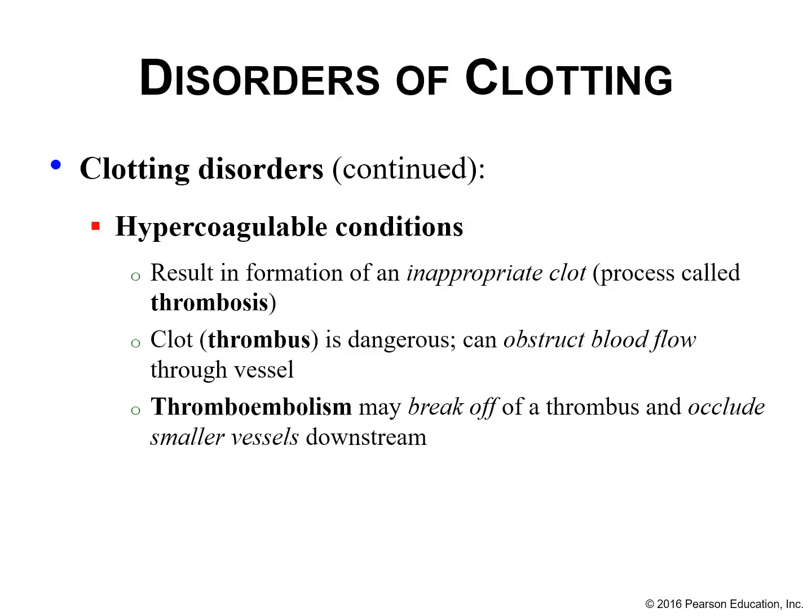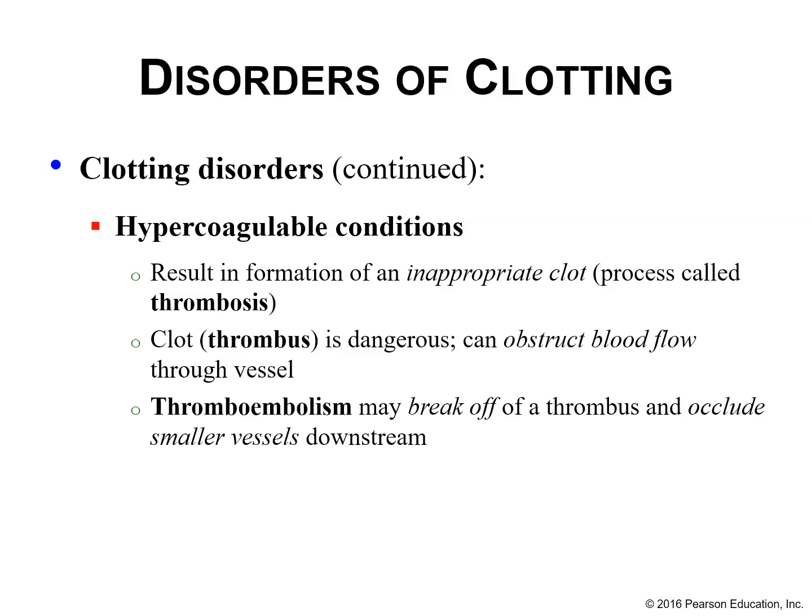And then the second type of clotting disorder is called a hypercoagulable condition, in which clotting occurs more readily. And that results in the formation of an inappropriate clot, and that's referred to as thrombosis. A clot or a thrombus is extremely dangerous. It can obstruct blood flow through a blood vessel.